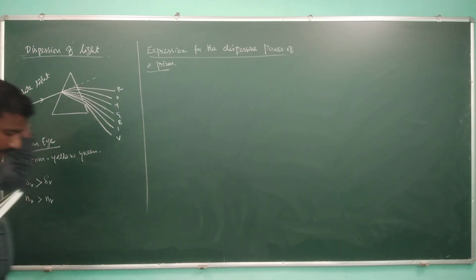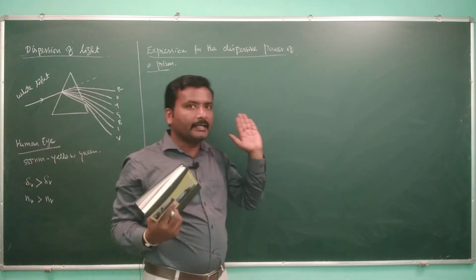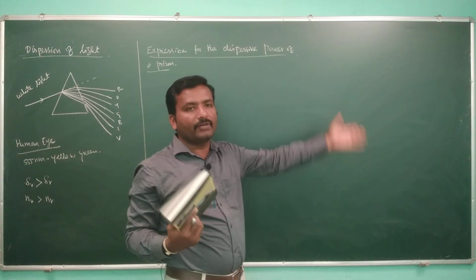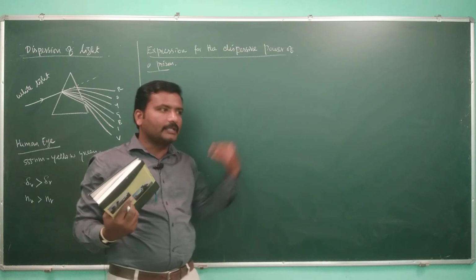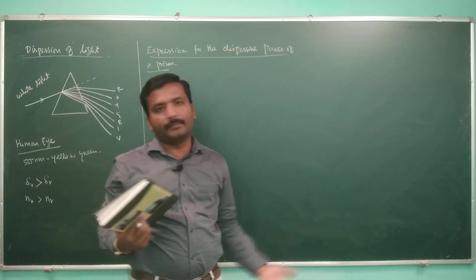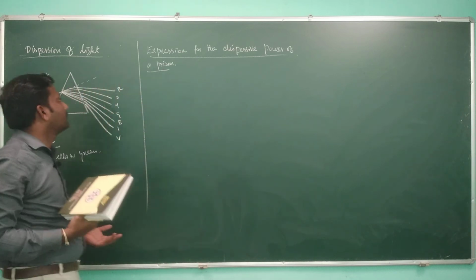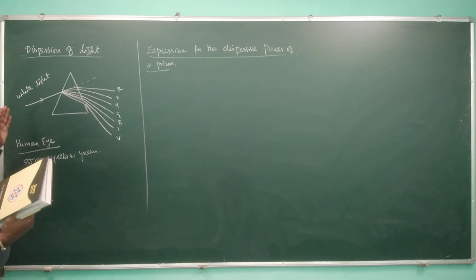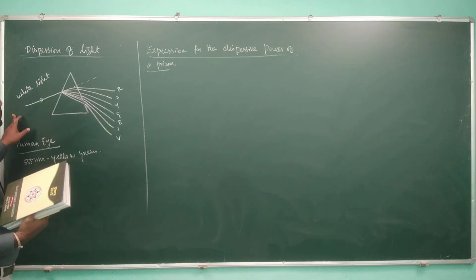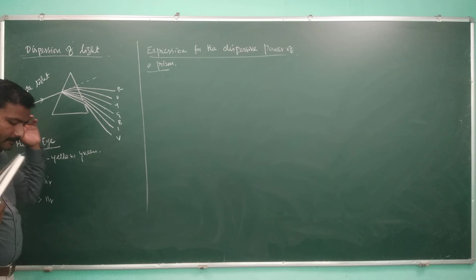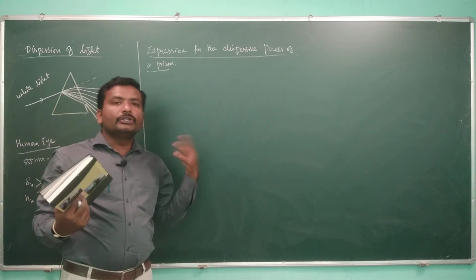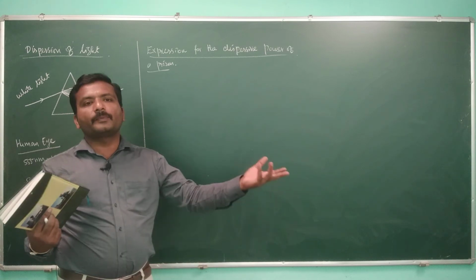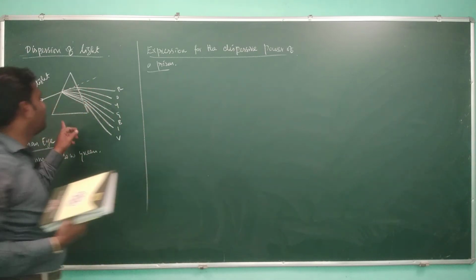Refraction is the bending of a light ray from its original direction when it travels from one medium to another medium. For example, when it travels from air to glass medium or air to water medium, that is refraction. And dispersion is the splitting up of white light into its constituent colors when it is passing through a dispersive medium such as a prism.